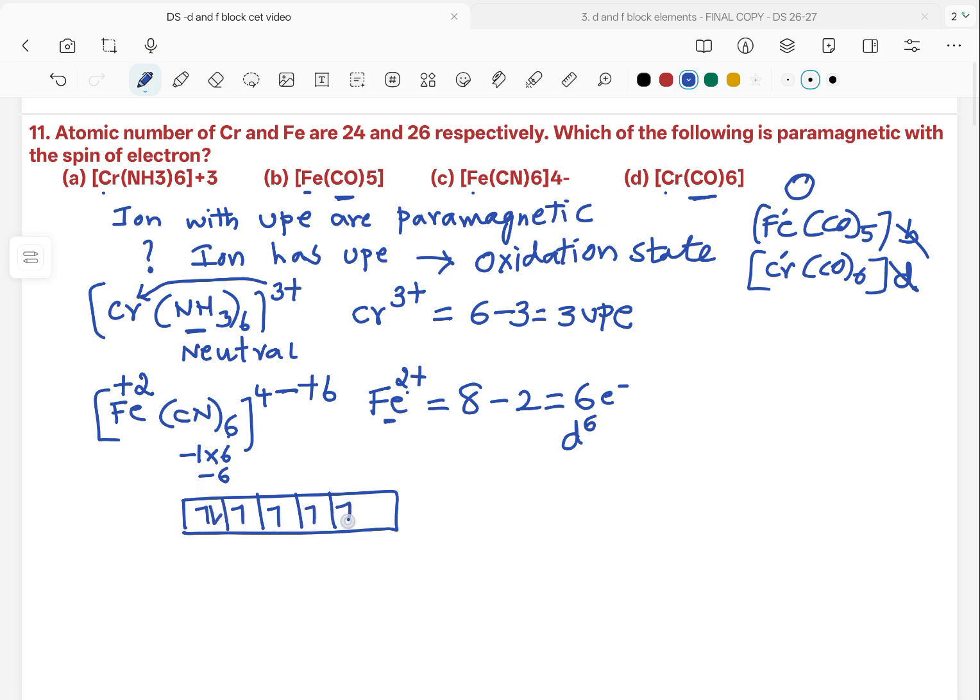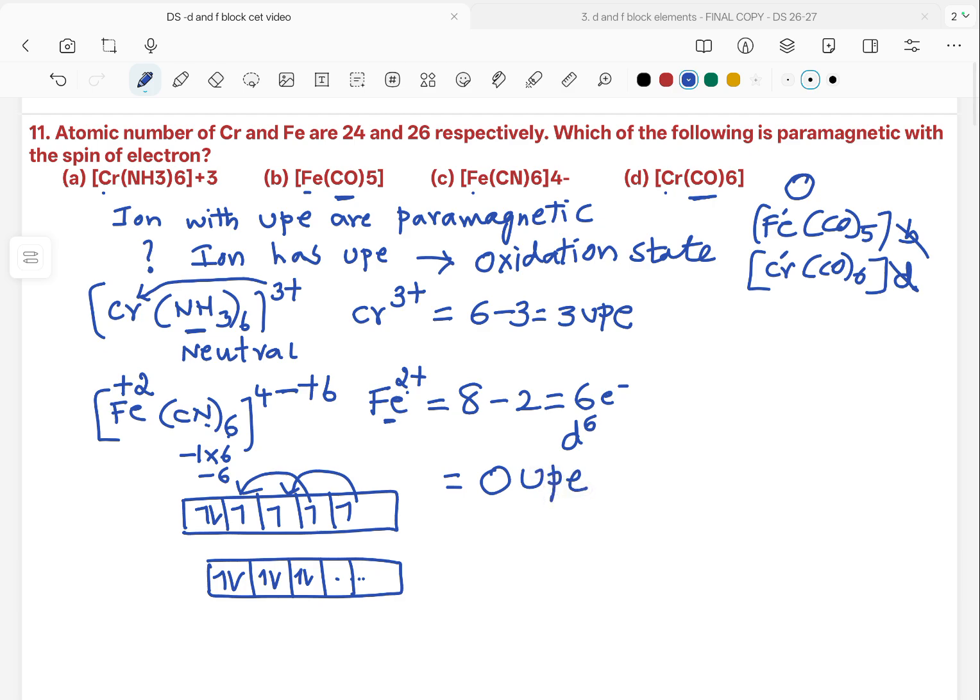There are 4 unpaired electrons here, but cyanide being a strong ligand, it will pair up the unpaired electrons this way. When they pair up, the orbital picture becomes this way, where there are no unpaired electrons at all. There are 2 vacant orbitals, no unpaired electrons here. So Fe2 plus in this complex will have 0 unpaired electrons.